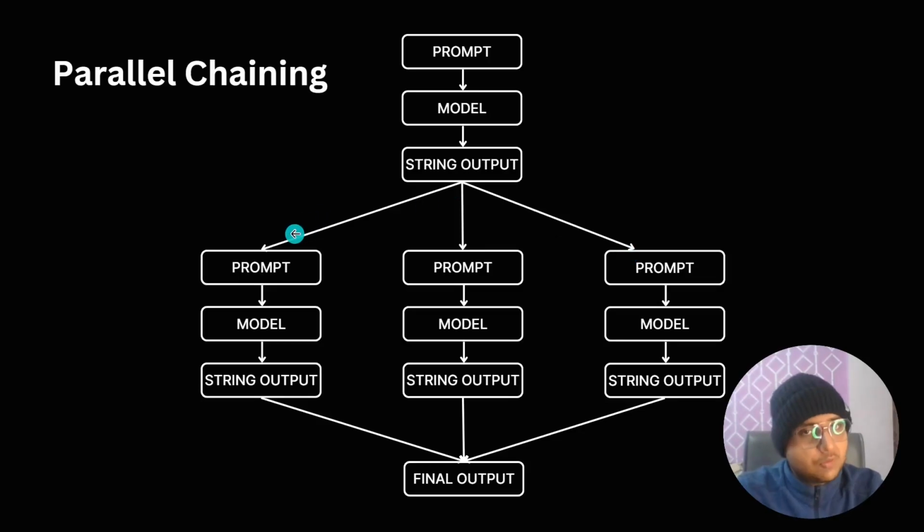First branch was about Python, second branch Java, and third branch C. In each of these branches, as we have seen in runnable lambda, there will be a prompt in format, then it will be passed into an LLM, then into a string output parser, and we'll get one output from each of these chains.